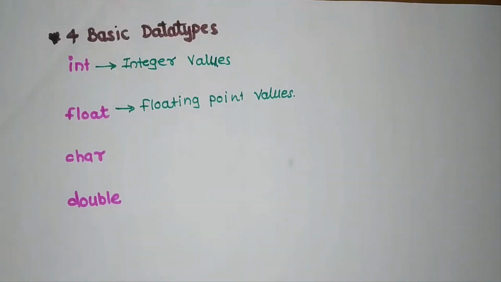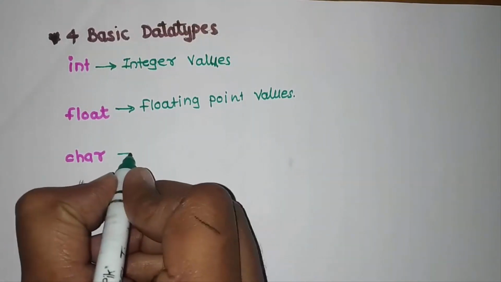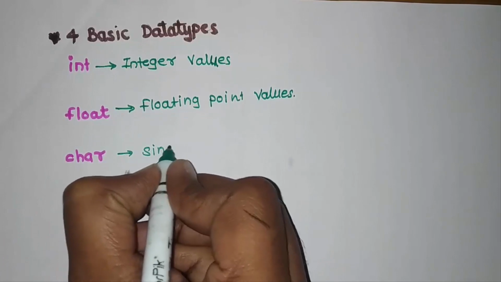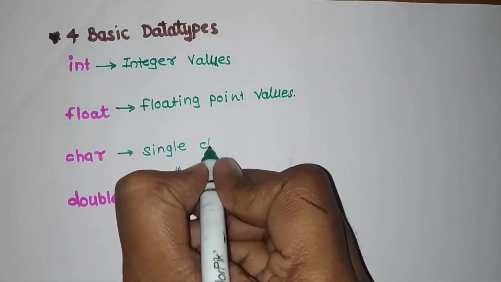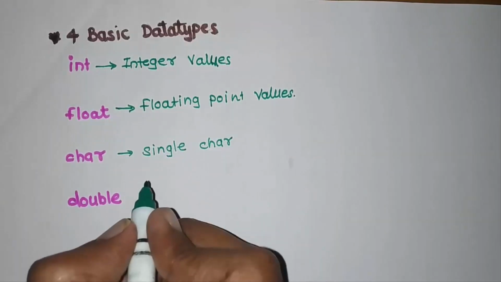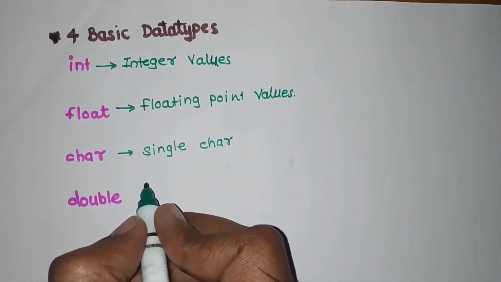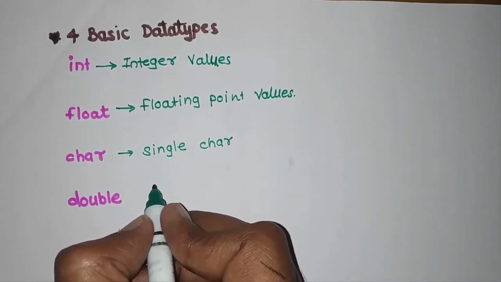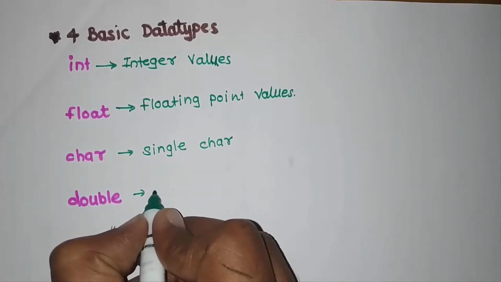The character is used to store a single character, and double is used to store a double precision floating point number.